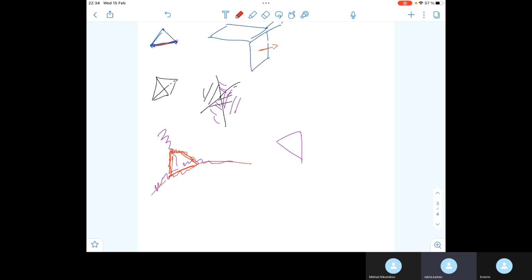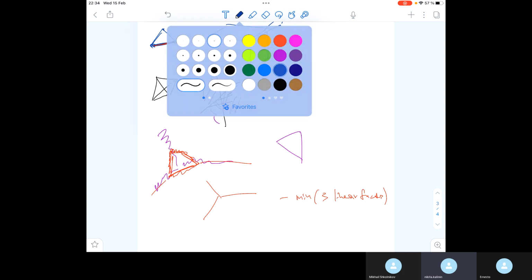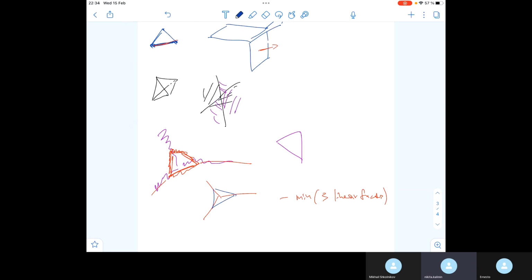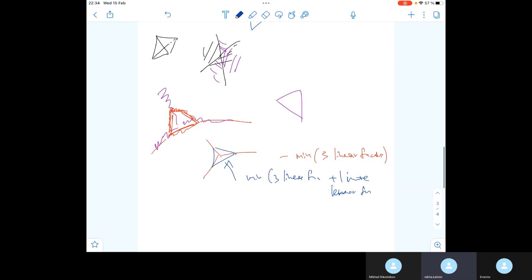Yeah, exactly. So basically, what happens is that when you have three solitons here, you should think of it as a minimum of three linear functions. And when you have this new phase appearing here, it means that this picture will be the minimum of the three linear functions plus one more linear function, corresponding to this lattice point inside.